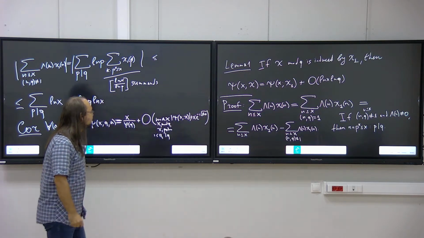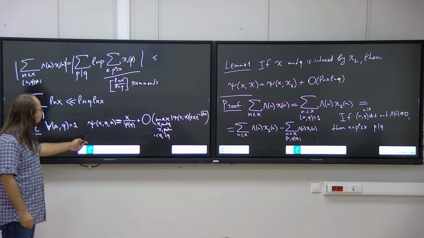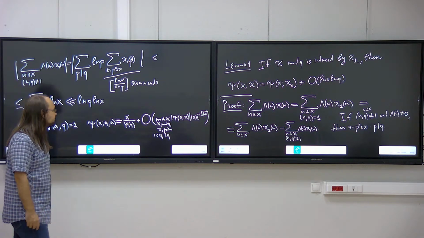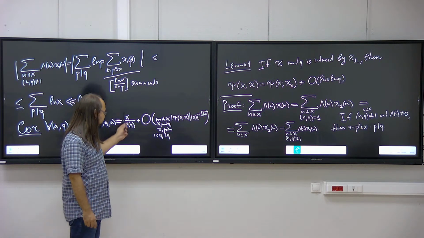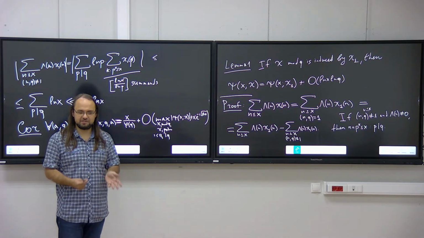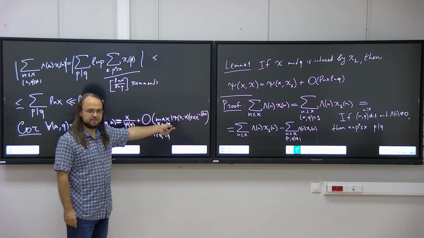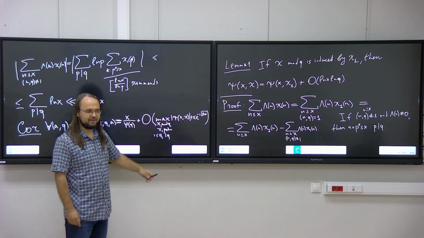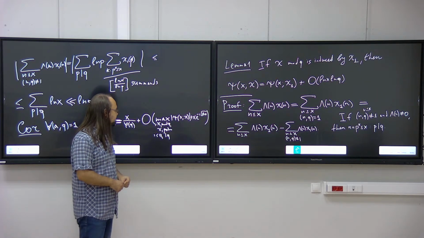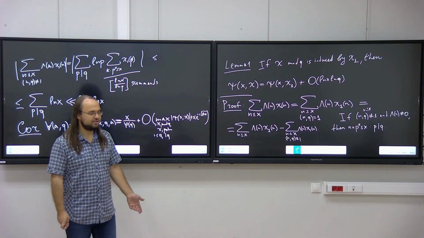Okay, so up to some obvious changes, your psi of x, q, a is x over phi of q, which comes from the principal character, plus big O of this thing, right? This appears because you want to reduce everything to primitive characters.